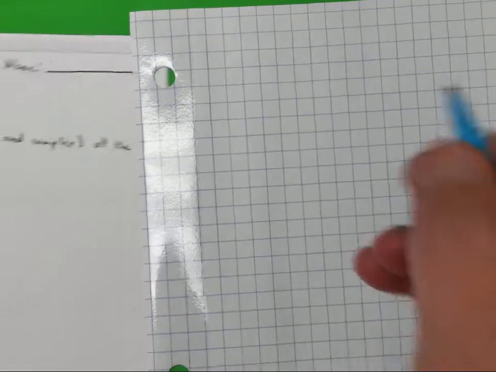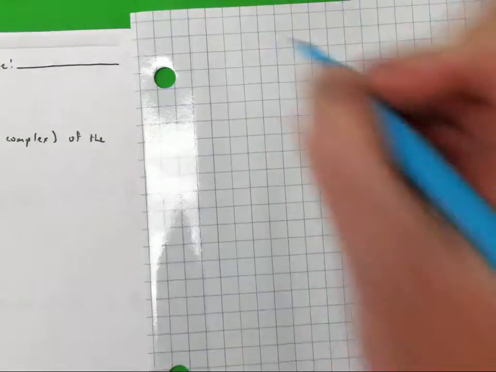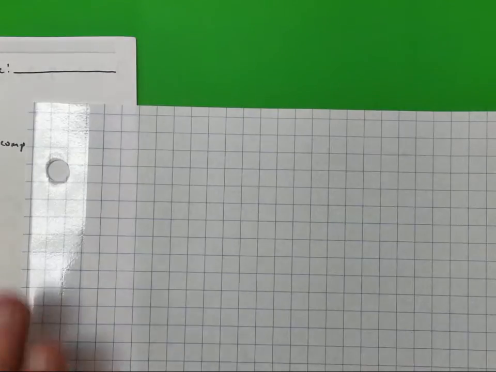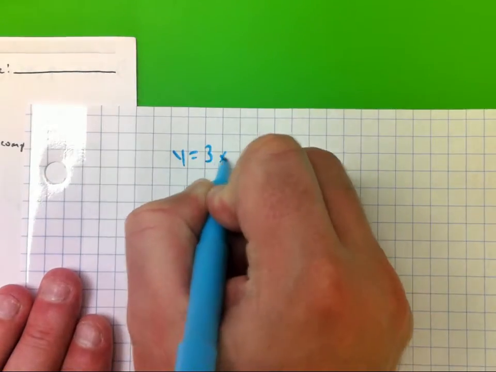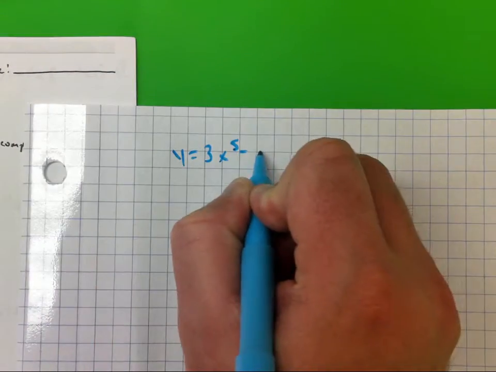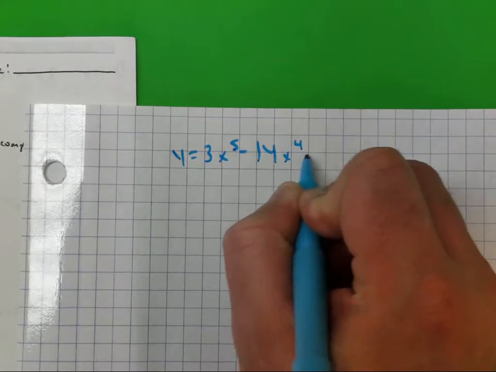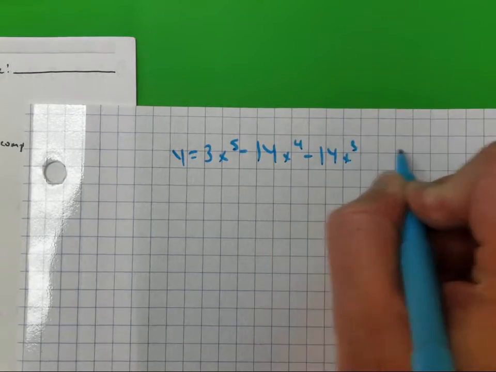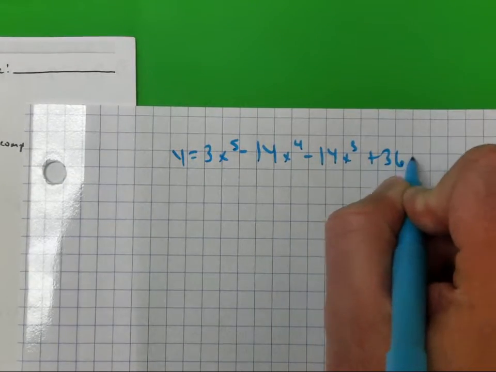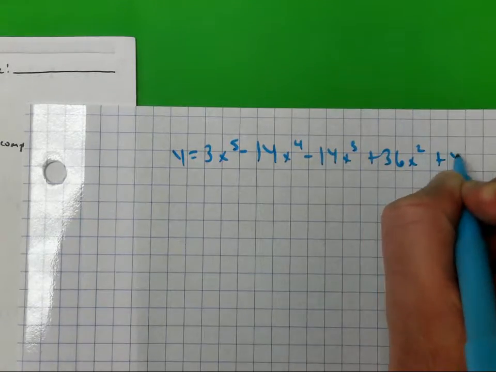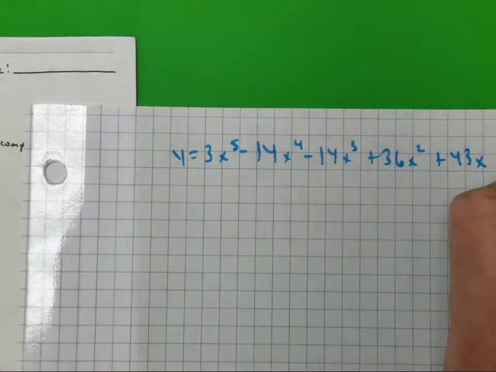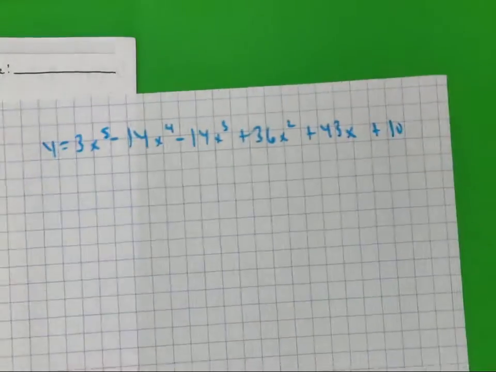So I'm going to have to do this on a graph paper. Alright. So I have y equals 3x to the 5th minus 14x to the 4th minus 14x cubed plus 36x squared plus 43x plus 10.